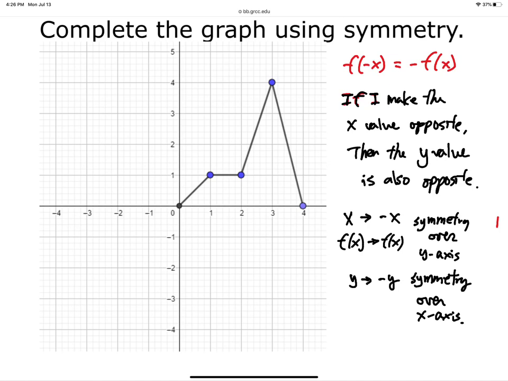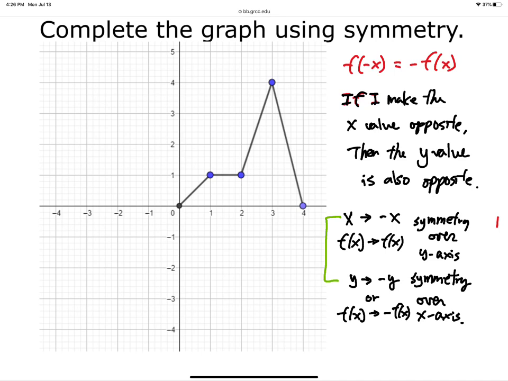Okay? So based on what we have here, notice both x and y had to change, to negative x and negative y. So that means for this graph to be odd, you have to have both.